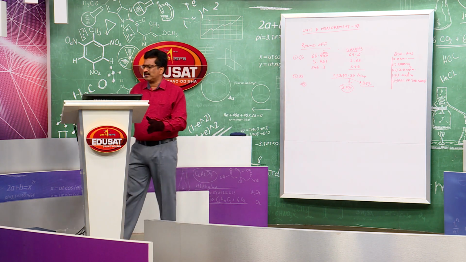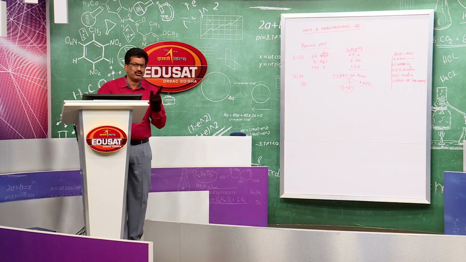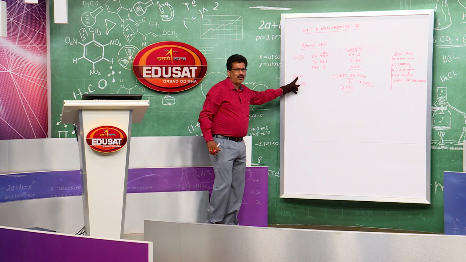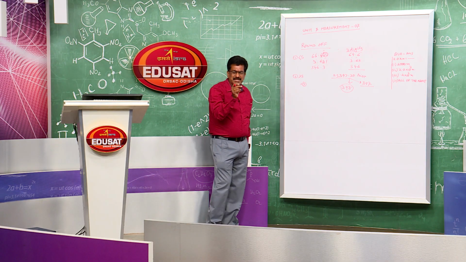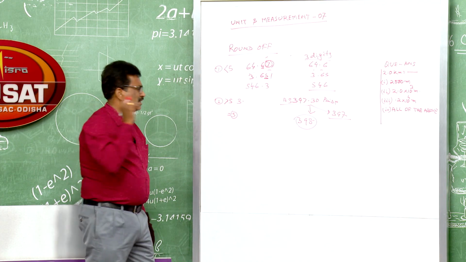Let us now go to the second rule. The second one is: if the digit to be dropped is more than 5, then the preceding digit is raised by 1. Suppose 3.479.